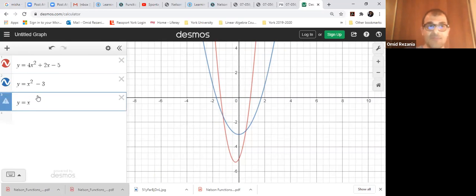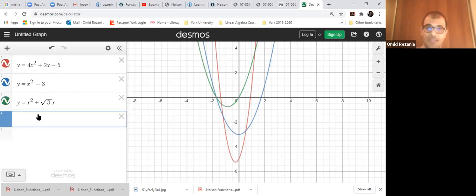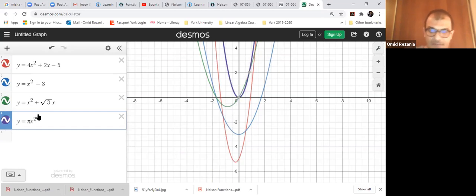I call that x to the power 2 plus sqrt, which is the square root of, let's say, 3x. It's another polynomial function, a quadratic function. However, as a very last function, I'm going to plot y equals, for example, pi x squared, because you know that pi is a number itself, minus 2 times x.